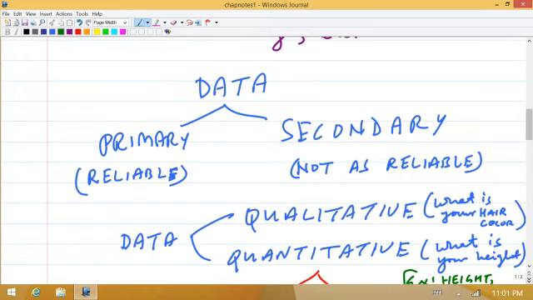Quantitative data is something you'll be able to measure, and you can deploy statistical techniques, and it's more powerful. However, qualitative data, we can standardize into separate groups and categories, and that's why it's called categorical data, and make sense out of it as well.